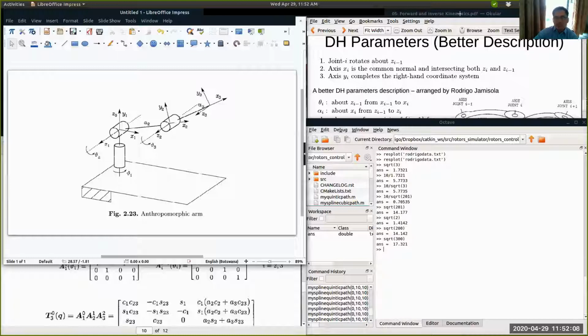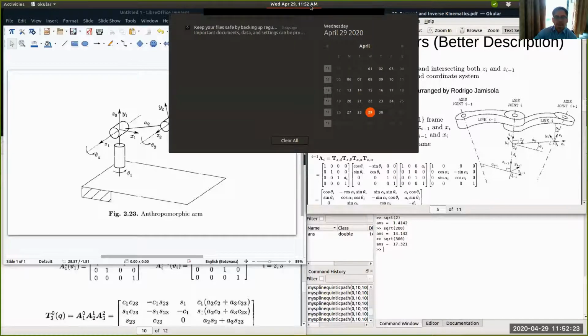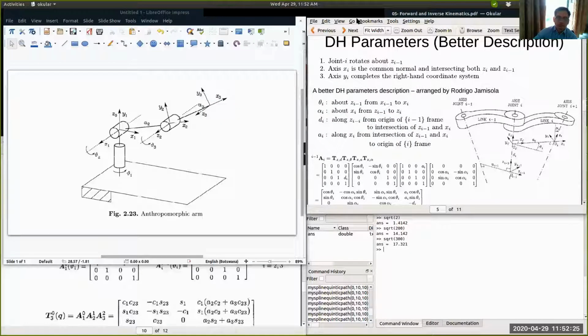Oh, I cannot click. Okay, let me click there, then annotate again. Come on, annotation. Okay, let me just draw. I think drawing will be much better.